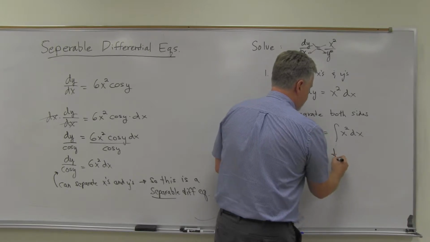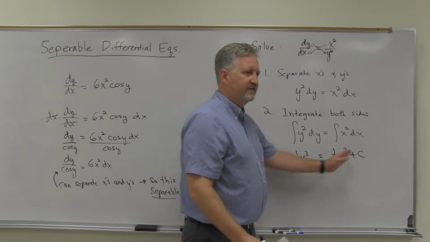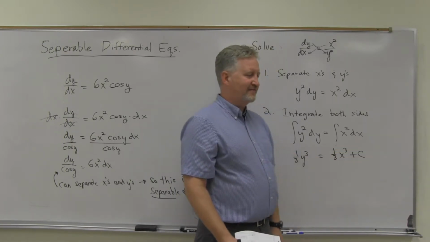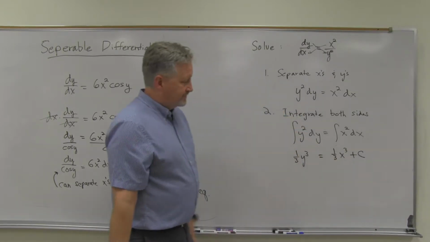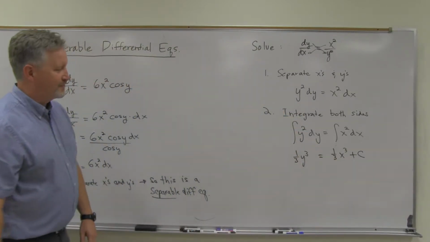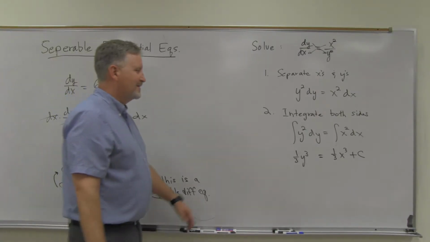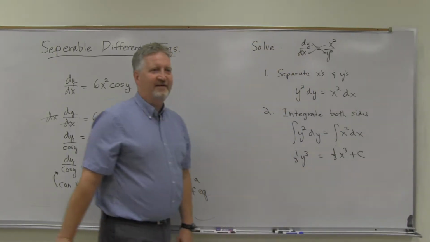So this side would be 1/3 x cubed plus c. Except it could be two different constants here, but we're going to get the constants on one side together. So to save us that bit of work, because we'll have plenty of other work, as I'm sure you're probably aware, we'll put the plus c on that side.